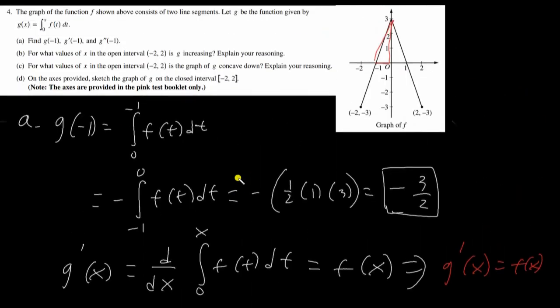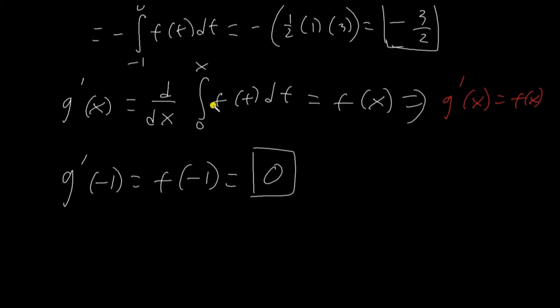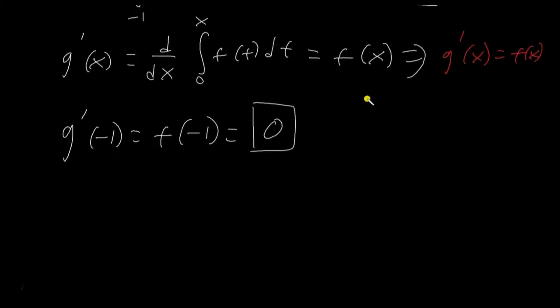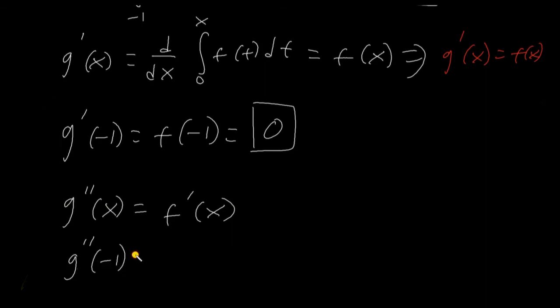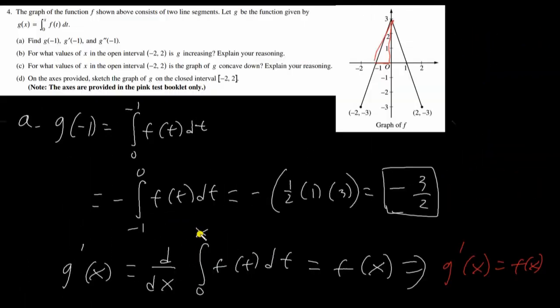And then finally they wanted us to find g double prime of -1. Okay, so since g prime of x is equal to f of x, g double prime of x is therefore going to be equal to f prime of x, right? Just taking the derivative of both sides. So g double prime of -1 is equal to f prime of -1. And f prime, remember, that's the slope of the tangent line. And since this is the tangent line as well, we can define the slope of this line, and that's going to be the derivative of f.